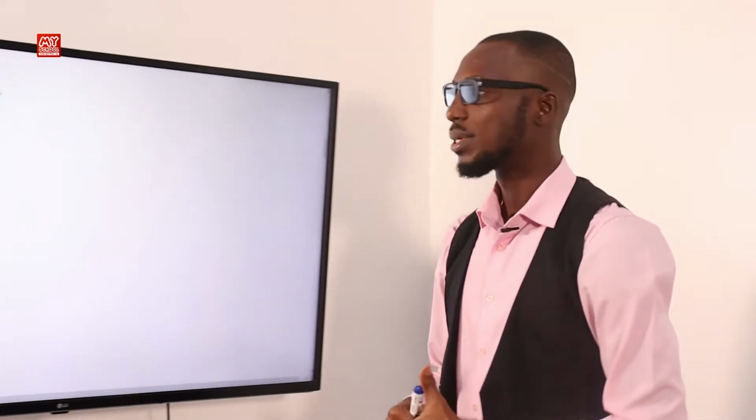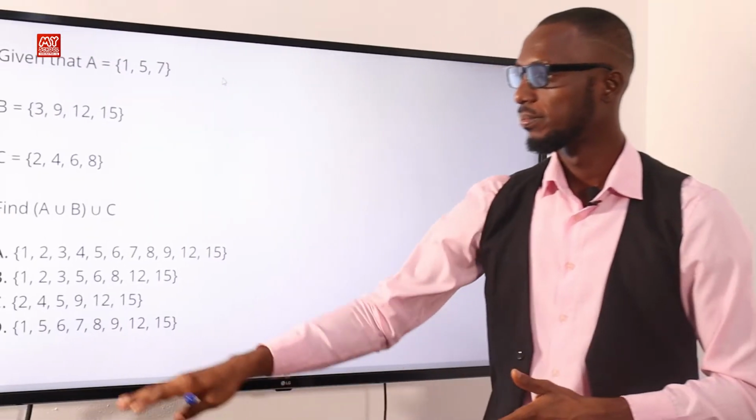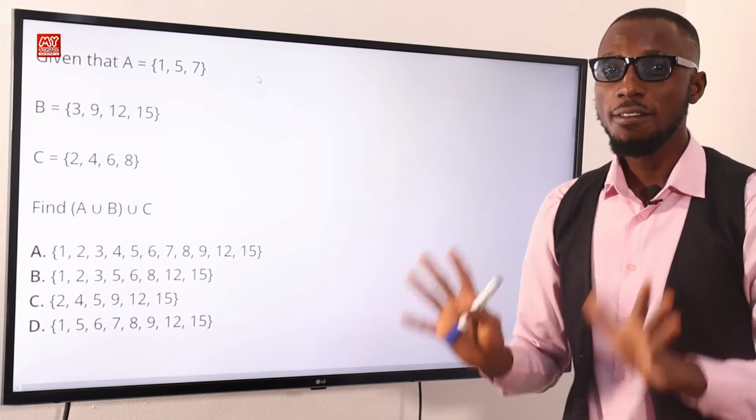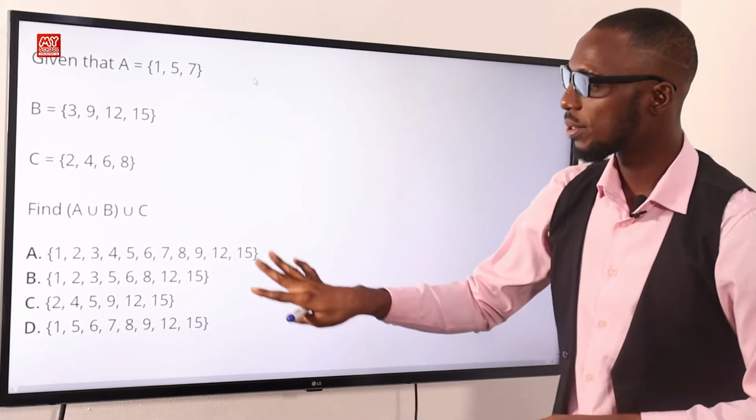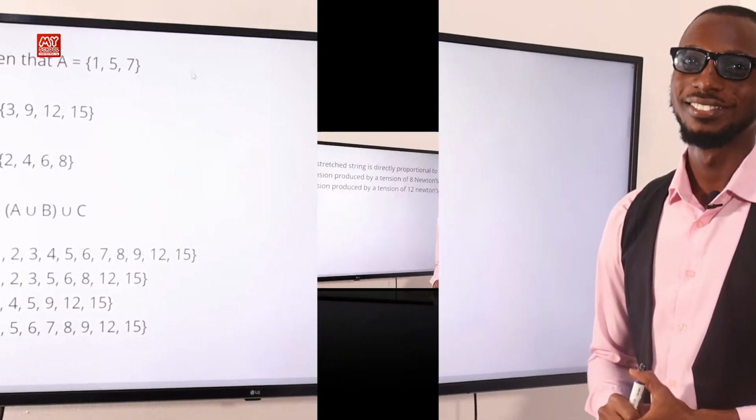So this is A union B, then union C. We just have to go back to the screen, look through the options carefully, and you will observe that option A is the correct option.